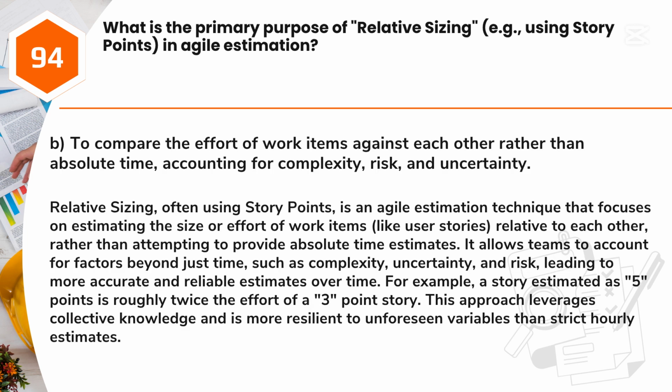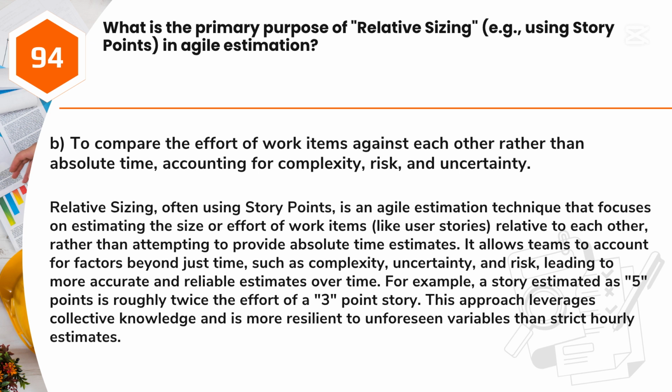Answer: B. To compare the effort of work items against each other rather than absolute time, accounting for complexity, risk, and uncertainty. Relative sizing, often using story points, is an Agile estimation technique that focuses on estimating the size or effort of work items, like user stories, relative to each other, rather than attempting to provide absolute time estimates.